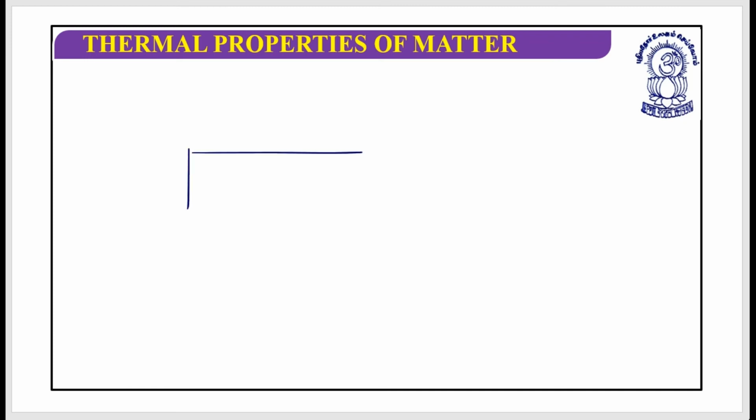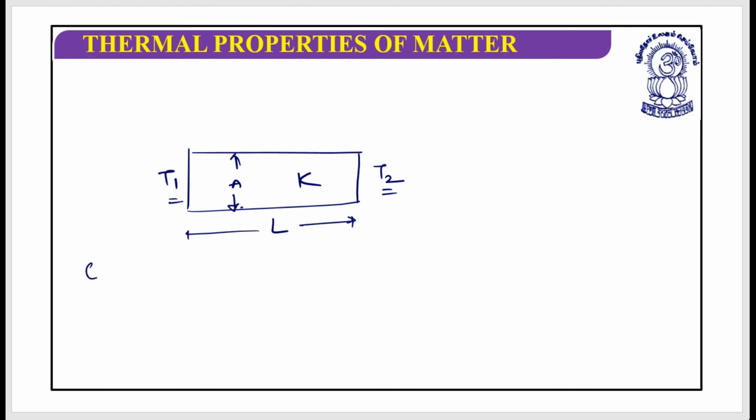What we understand is that this was the situation: this is T1, this is T2, this is a length L, this is cross sectional area A, and the conductivity is K. When heat flows from T1 to T2, we write Q by t equals K into A multiplied by T1 minus T2 divided by L.